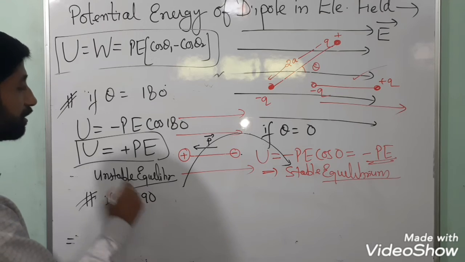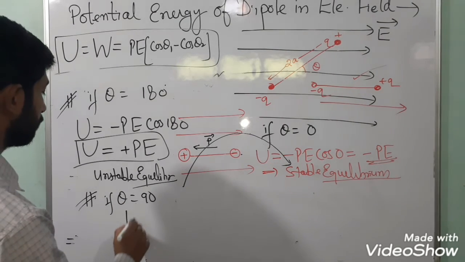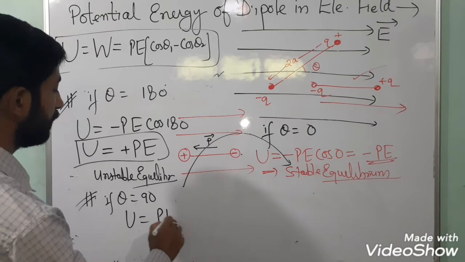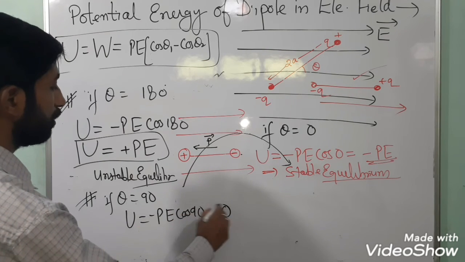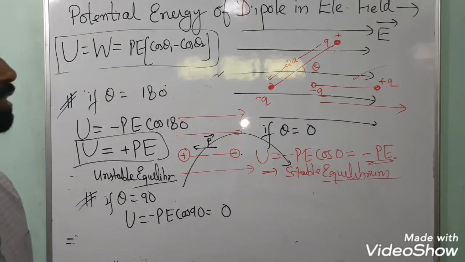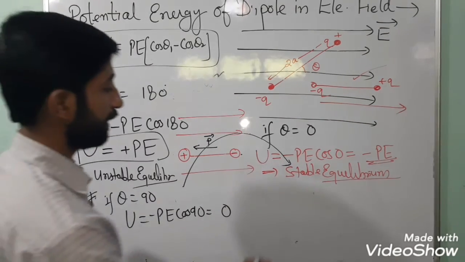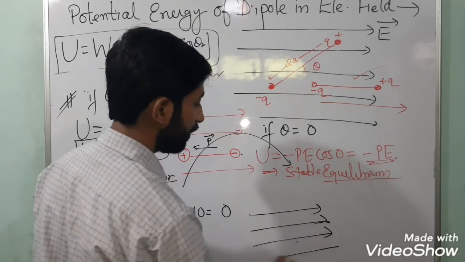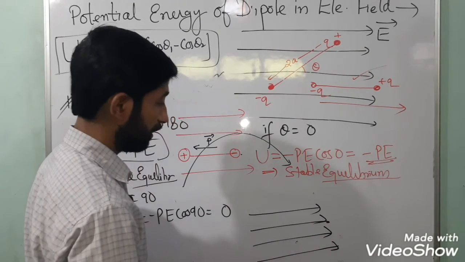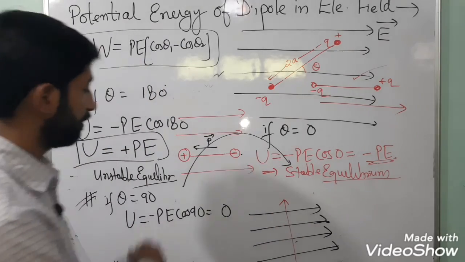If theta is 90, then what will be the potential energy? U is equal to Pe cos 90, which is equal to 0. It means its potential energy becomes nil when the dipole is perpendicular to the electric field. Remember, these diagrams are very important regarding the mathematics.